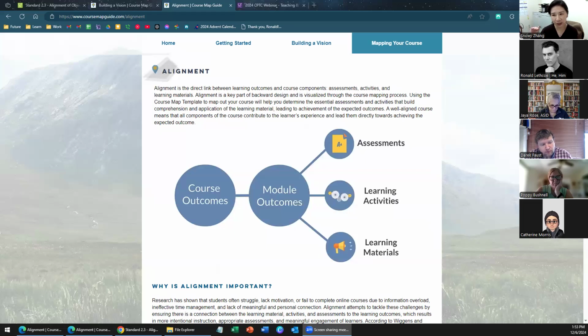So can I chunk or module the course learning outcomes? First is by the skill, the content, the skills, the knowledge. And second is to break down the outcomes by levels of learning, from remembering, understanding, analyzing, applying, creating, evaluating.